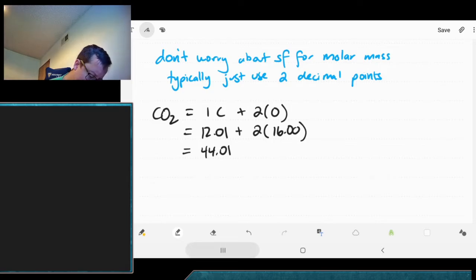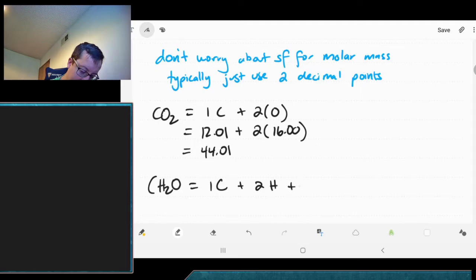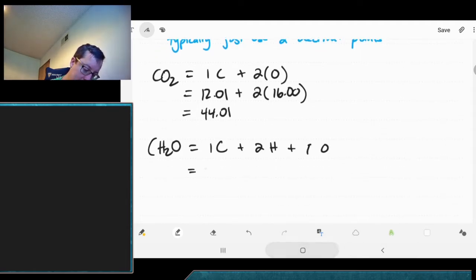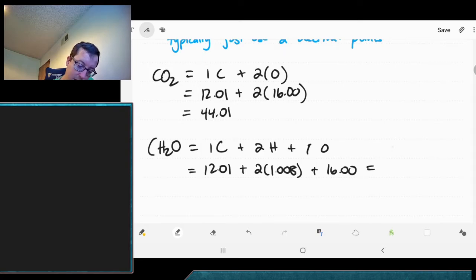How about another one? Formaldehyde. For this, we would add up 1 carbon plus 2 hydrogens plus 1 oxygen, 12.01 plus 2 times 1.008. Again, these numbers are from the periodic table. We do that, we get 28 plus 2, 30 point... Oh goodness, okay.